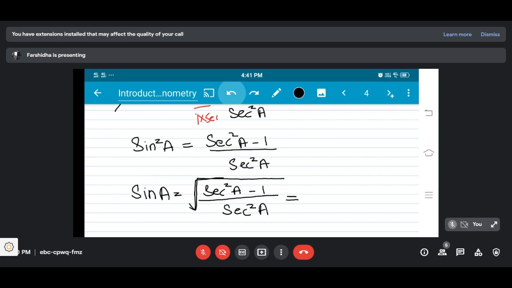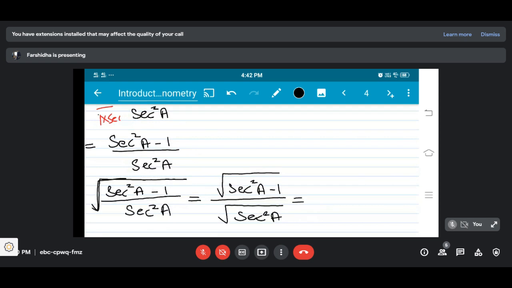So I'm giving individually: root of sec square A minus 1 divided by root of sec square A. Root of sec square A minus 1, we can't do anything, so keep it like this.